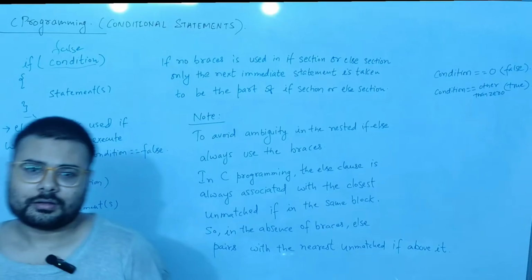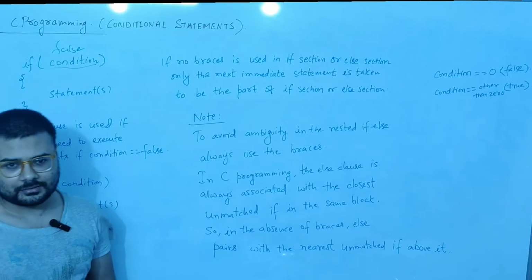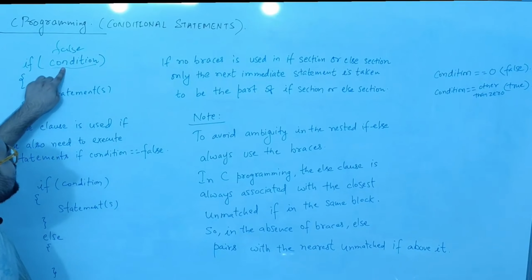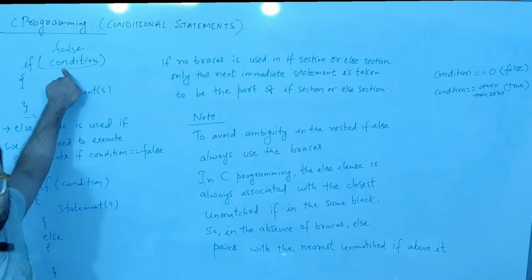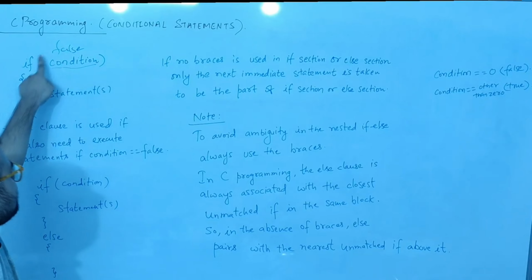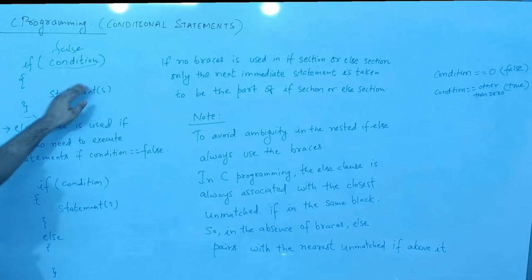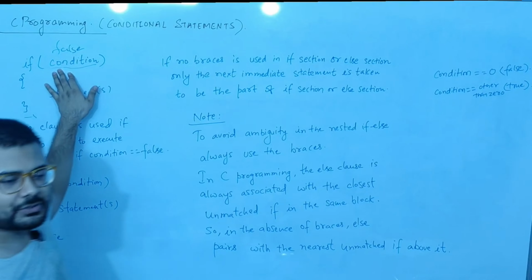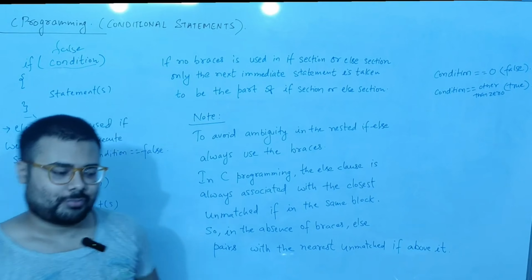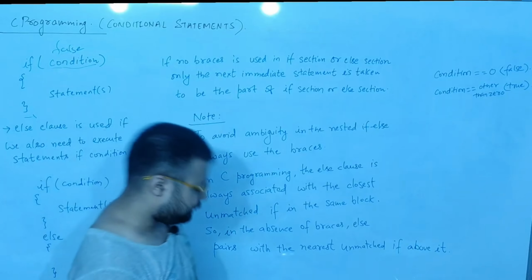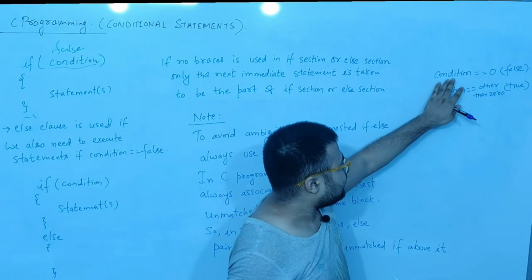Now, you might think that because the condition can be true or false, whatever I have written here as a condition must be a Boolean expression. But that's not the case. Actually, anything can go there.